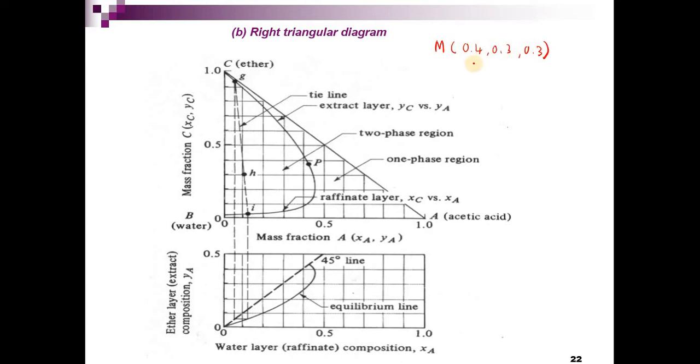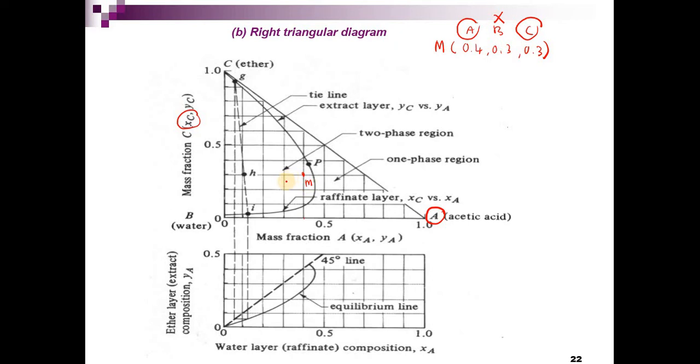As an example, the coordinate that we can put in the right triangular diagram is only components A and C. We don't bother about B. The y-axis is component C and the x-axis is component A. So I put 0.4 and 0.3 here, and this is the coordinate of M.